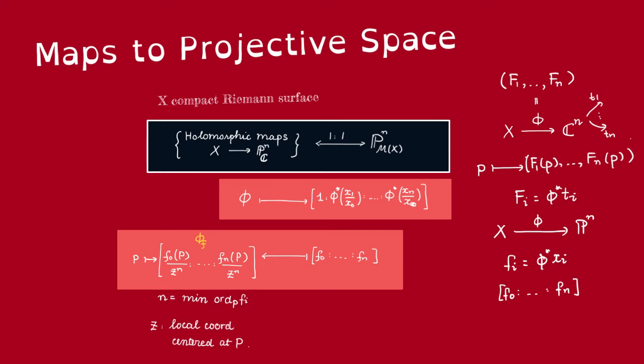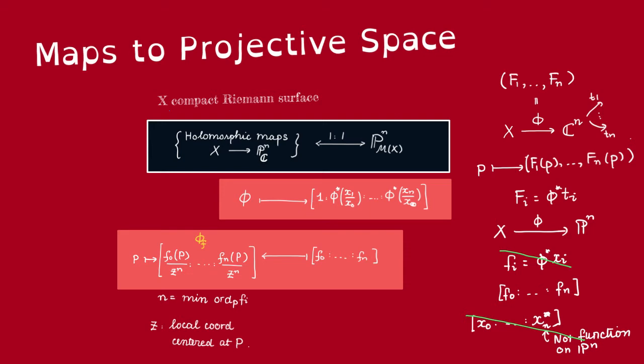Okay, what's wrong with this argument? Well, the problem here is that even though we often write coordinates of a point on P^n as x0, ..., xn, these are actually not coordinate functions. They're not even well-defined functions on P^n. So taking their pullback does not make sense. However, their ratios are coordinate functions on affine pieces.